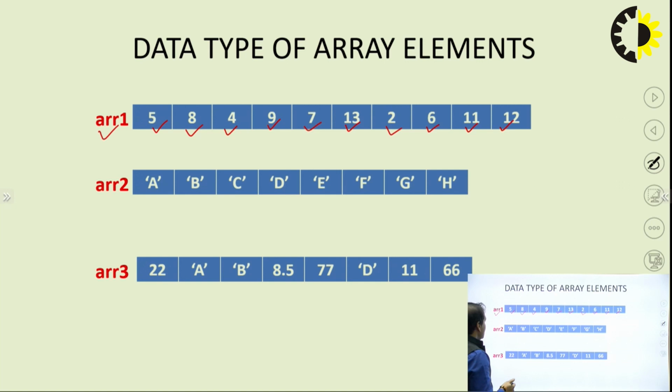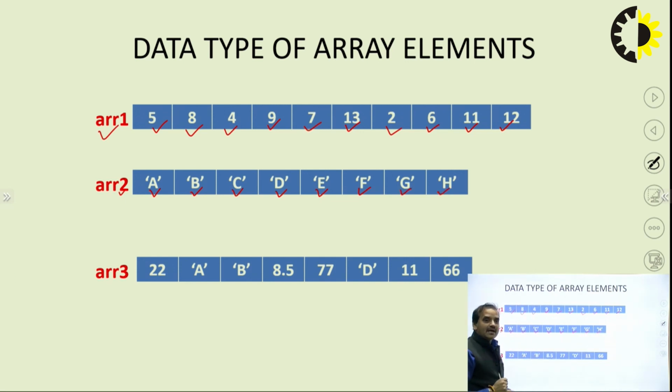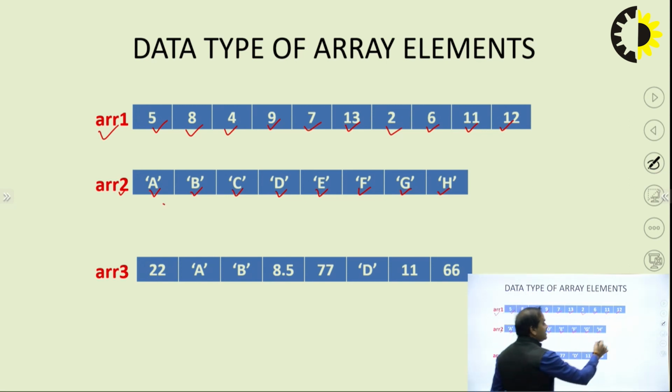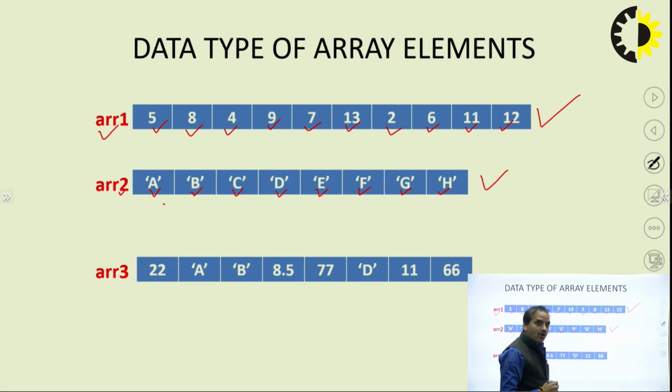In arr2, we have taken character type values A, B, C, D, E, F, G, H. All the values are the same type. Then this is a valid data structure. This is also a valid data structure because all these values are integer types and all these values are character types. So both are valid data structures.